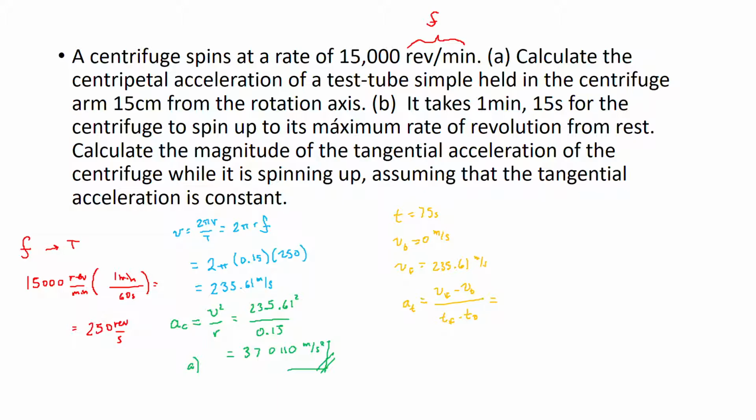That's going to be 235.61 minus 0 over 75 minus 0, and if my calculations are okay, that's going to be 3.14 meters over second squared. Okay, so that's pretty much this problem.